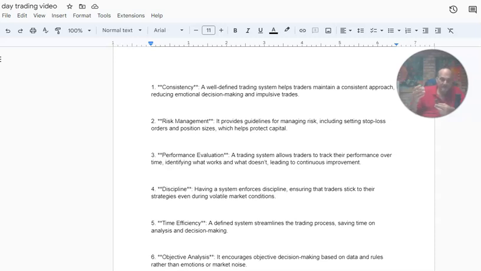All right, so the next thing is performance evaluation. You can track your performance with a trading system. If you don't have a system, you're going to be haphazard in trying to track things. One day you felt really good about things and it worked out, and then the next day you felt really good about things and it didn't work out, but you forget about that day.